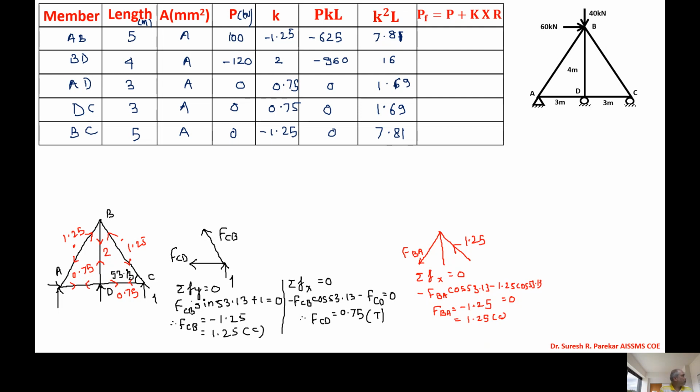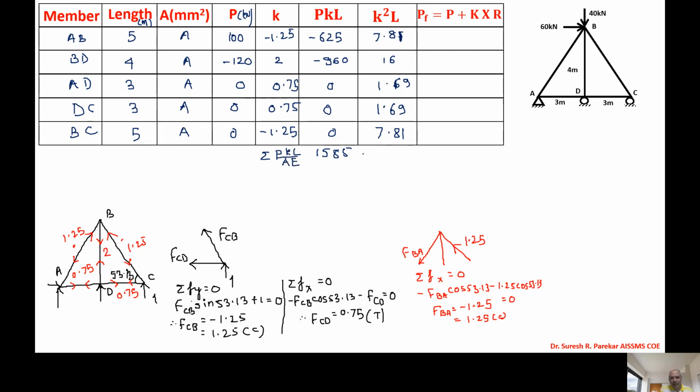From this we get the summation PKL, and the total value is minus 1585. This is summation PKL upon AE.